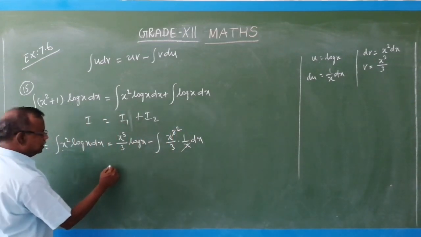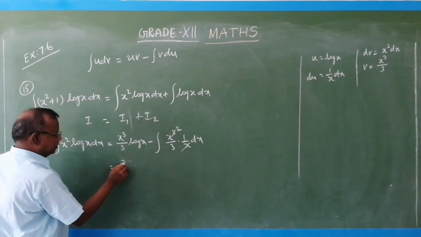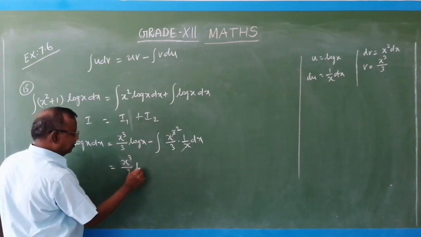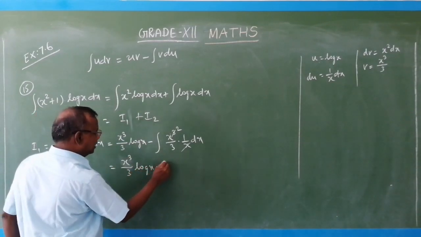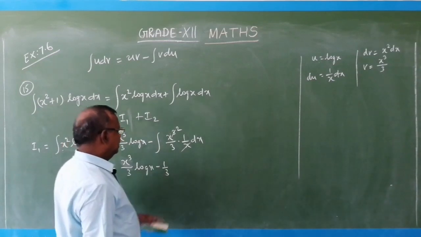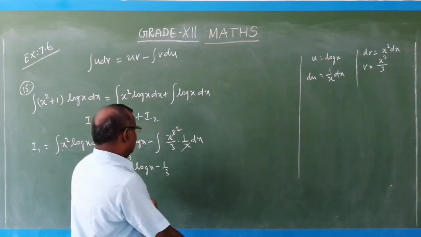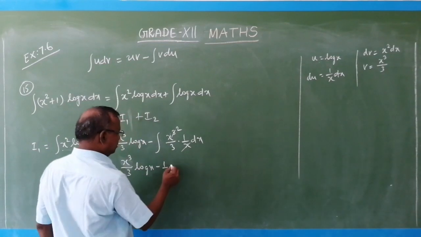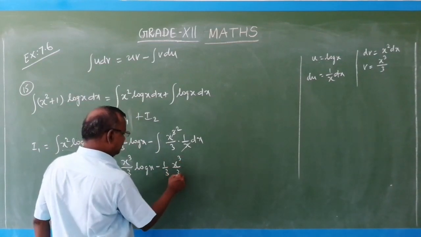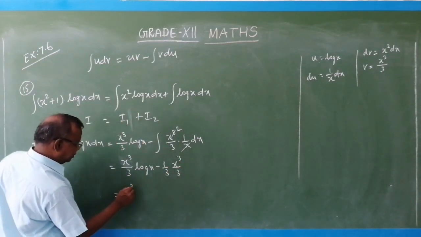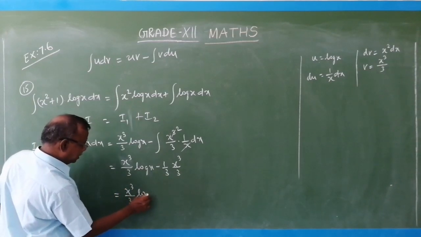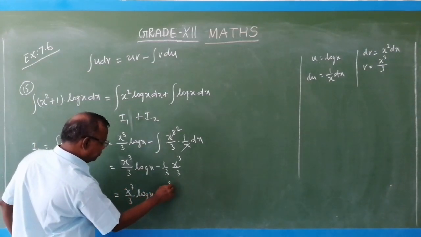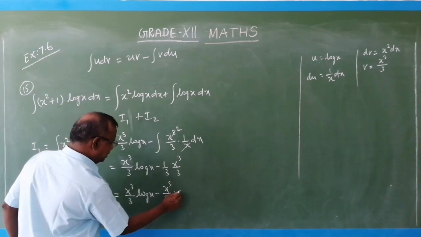Now this is equal to x cube by 3 into log x minus 1 by 3 into integral x square dx. So this is x cube by 3 log x minus x cube by 9 plus C1.